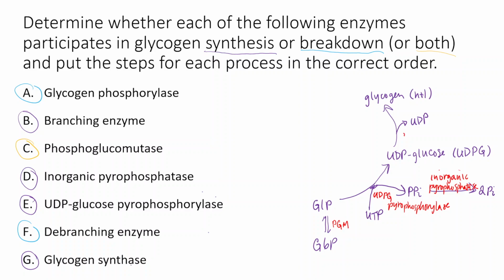Glycogen synthase. So glycogen synthase is adding these UDP glucoses, or just the glucose, onto an existing glycogen molecule. What type of glycosidic bonds is it making? Yeah, alpha 1,4.